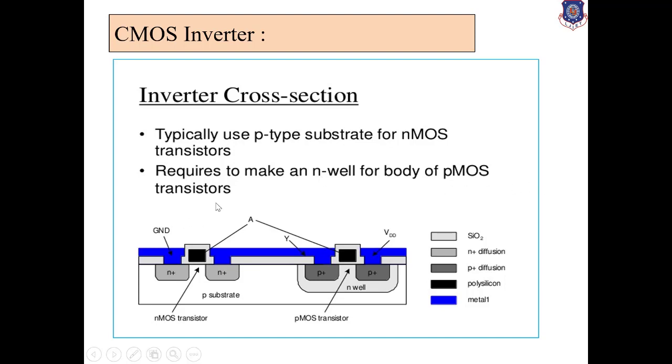That means for designing the cross-section of CMOS, we require a P-type substrate for NMOS transistors and an N-well for the body of PMOS transistors. Here you have the P substrate. Look at this figure. This is the P substrate and two N plus heavily doped regions, so it will be created as an NMOS transistor.